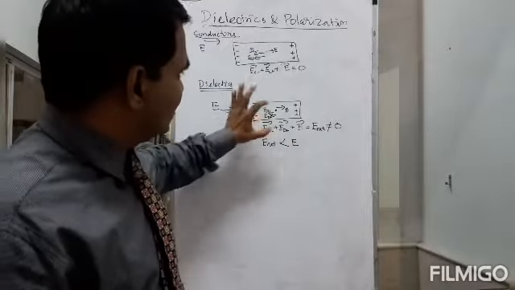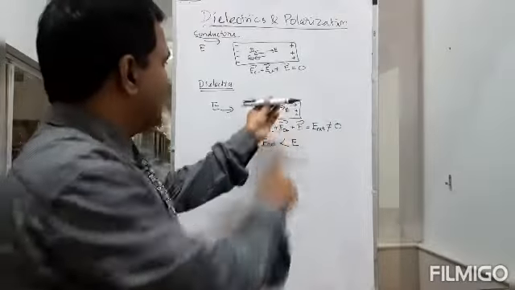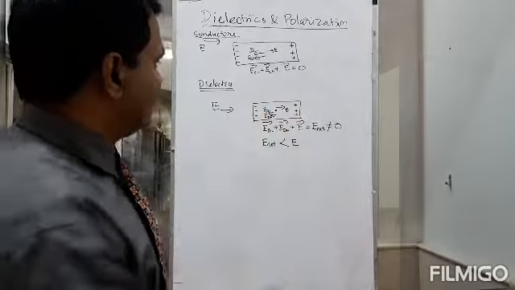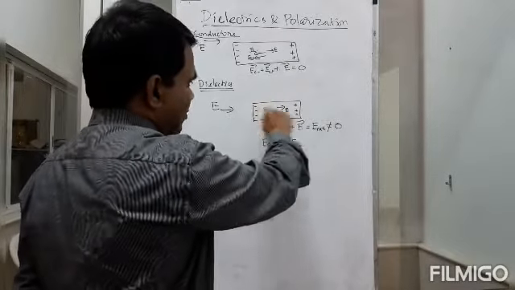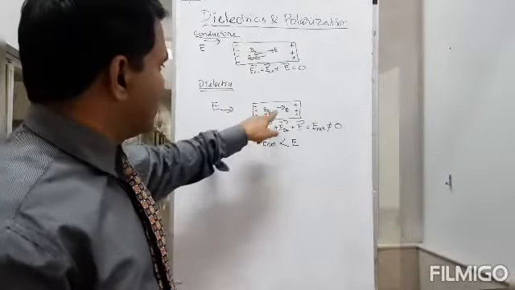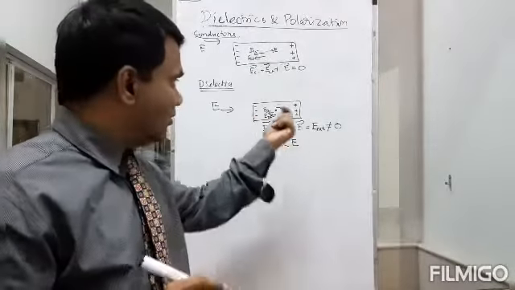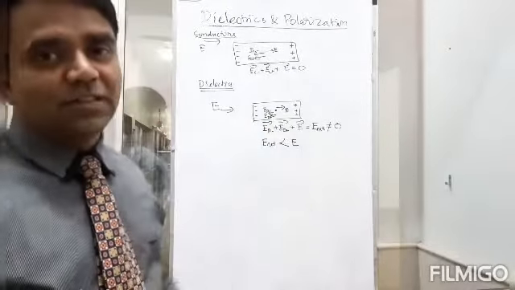Okay? So if the dielectric material was not there, you would have E here. But because you kept a dielectric material here, there would be this accumulation of charge on either side because of induction. And these charges will have their own field, and those fields will act in the direction opposite to the direction of the applied field.